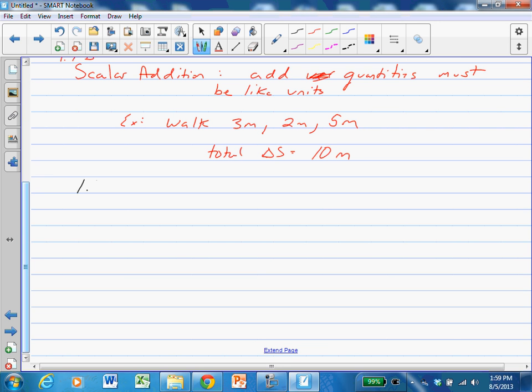Vector addition is a little different. In general, they do not add like regular numbers. They can only add like regular numbers if they're going in the same direction.